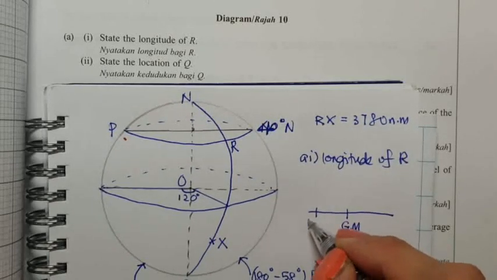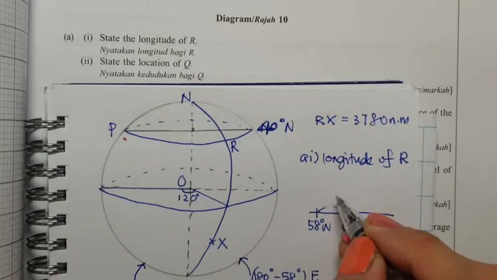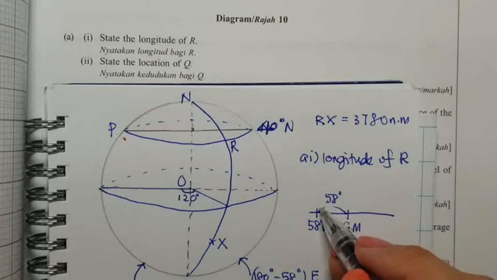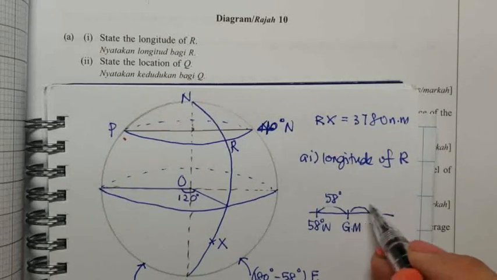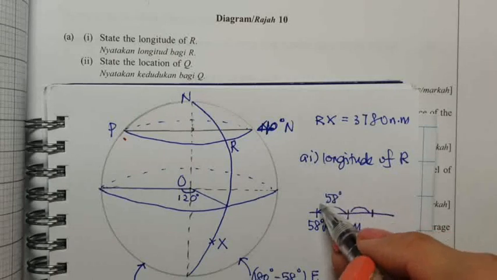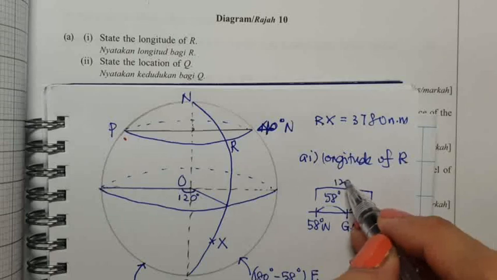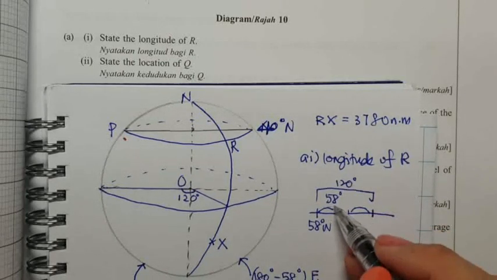This is 58 degree west. And we know that from here to here is 58 degree. Okay, and we want it to be 120 degree apart. So what should we add so that we get 120? Because from here to here is supposed to be 120. Okay, so we take 120 minus 58.